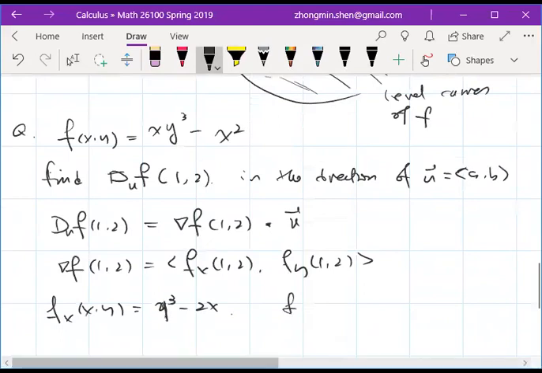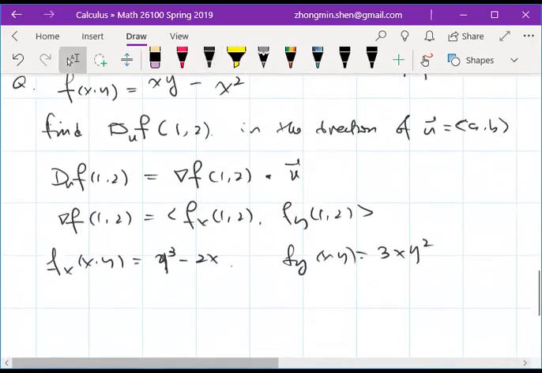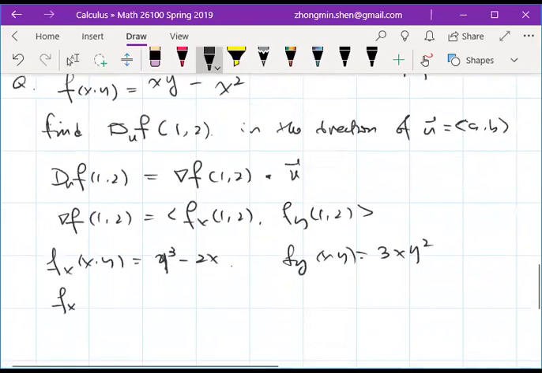Okay. The second derivative is going to be the derivative of this function with respect to y. That's going to be 3xy squared. Okay, we have to evaluate at this point (1,2). When y is 2, 2 cubed minus 2 times 1, that's 6. And 3 times 1 times 2 squared, that's 12.